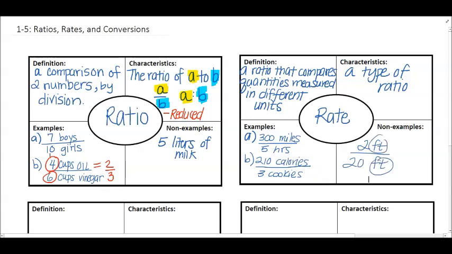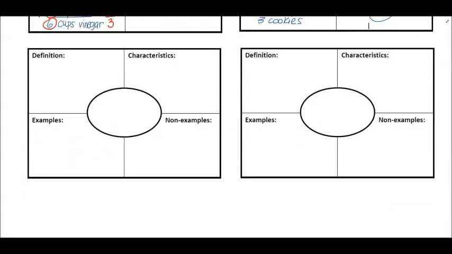Okay, going on from unit, our next word is going to be a type of unit, and that is a unit rate. So what is a unit rate? A unit rate is a rate with a denominator of 1. And so basically you could think of it as it's not just reduced, but that denominator is completely turned into a 1.